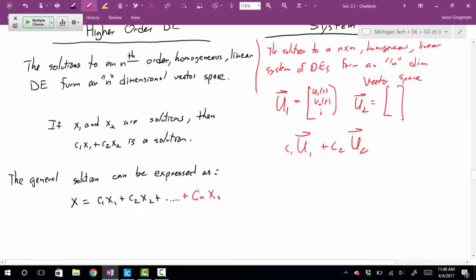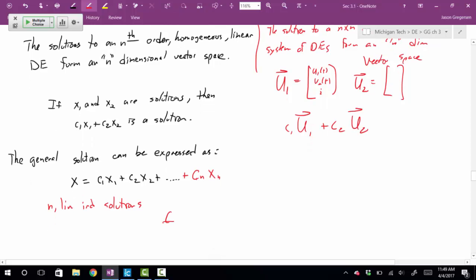For an nth order differential equation, I can represent my general solution as the linear combination of n solutions, but not just n solutions, n linearly independent solutions, right? I needed n linearly independent solutions to form that general solution. Why? Because that was forming a basis for the vector space.